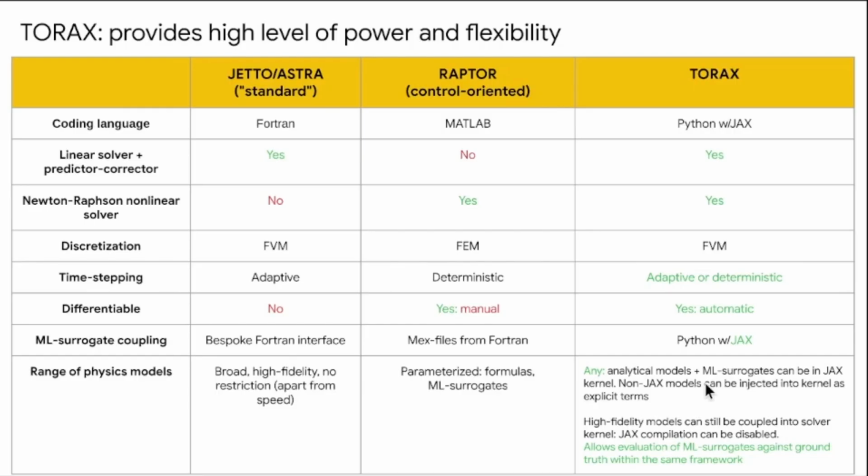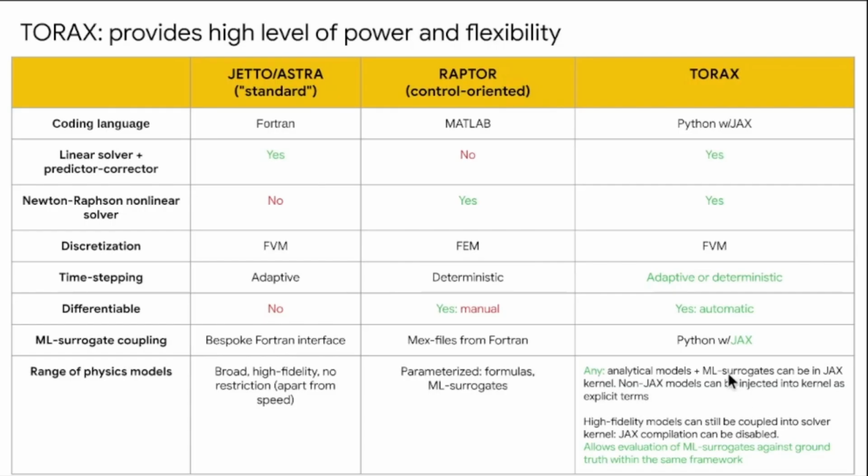In the same framework we can have JAX, ML surrogates, nonlinear solver, all the bells and whistles, but at the same time we can turn off these features, go back to standard predictor-corrector solvers, and couple legacy or higher fidelity codes, in Fortran or C, even with on-disk data exchange. There are different ways to do it.